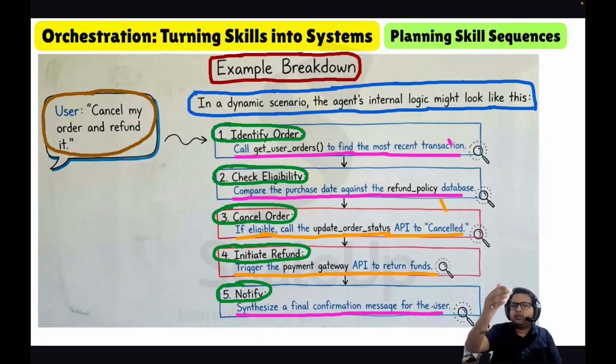We have step by step subtasks which should be followed in this order. Ordering is very important. If we don't follow the order, it will not work. First we will identify the order, check the eligibility, and if it is eligible, we'll cancel the order, initiate the refund, and notify the user. This is how planning works.